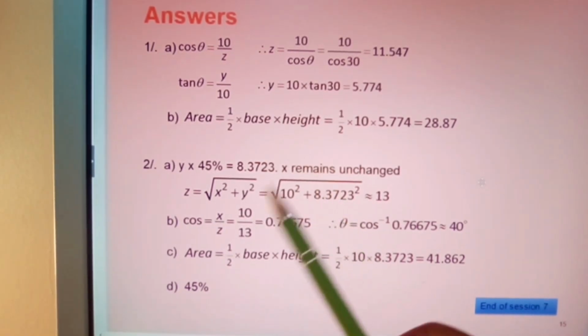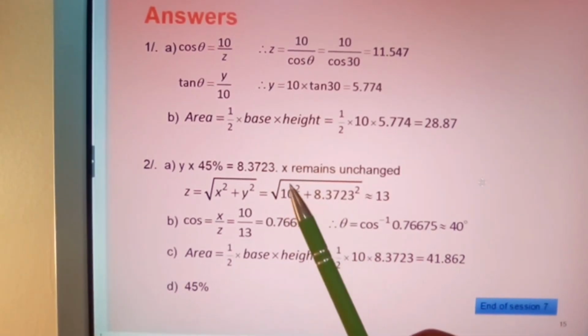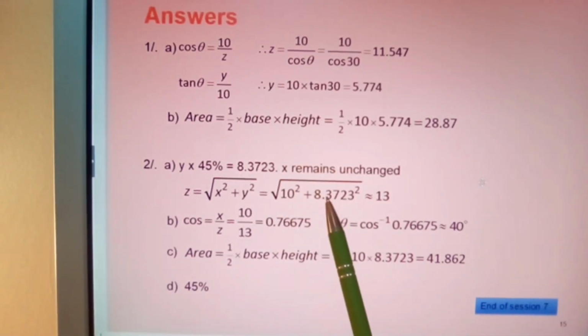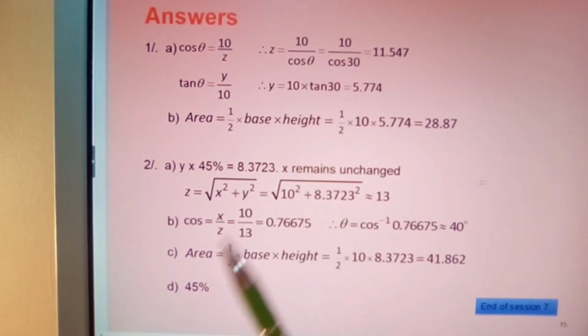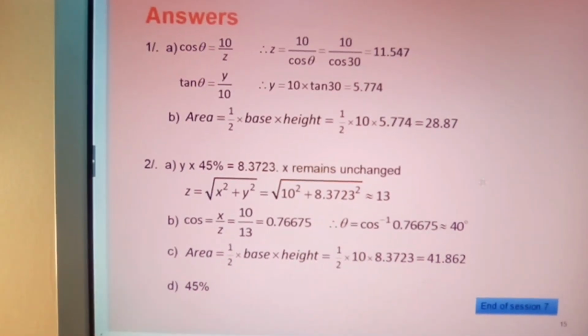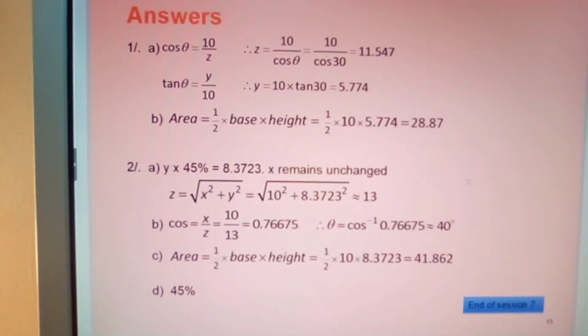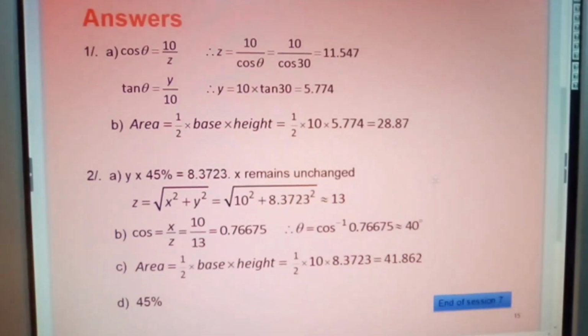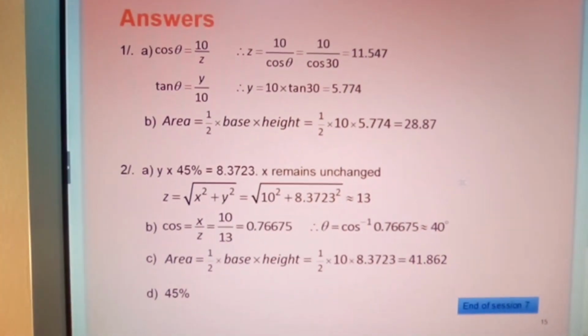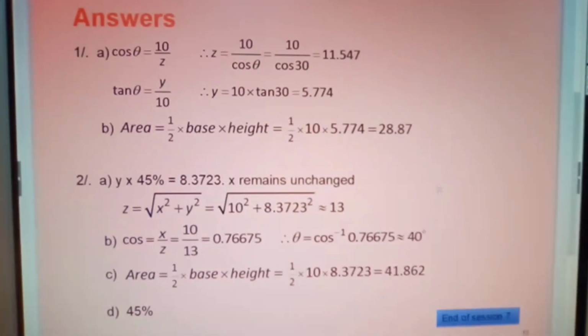And my question for you is, where did we get the 10 squared from, and where did we get 8.372 squared from? Those are bits that I think you should look at and be aware of. Just ask yourself how they came about. Make it your business to find out.